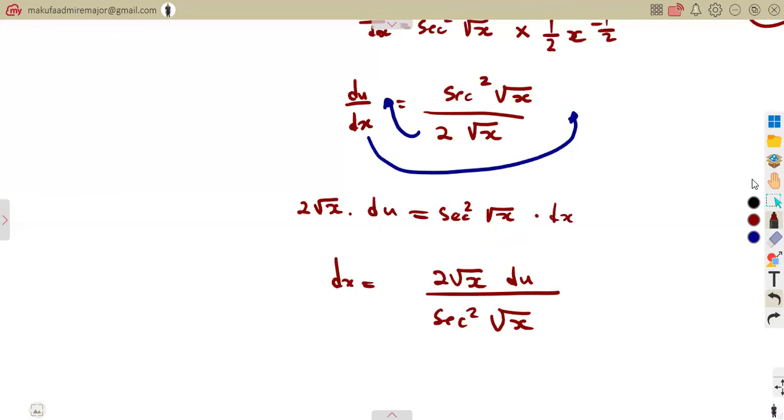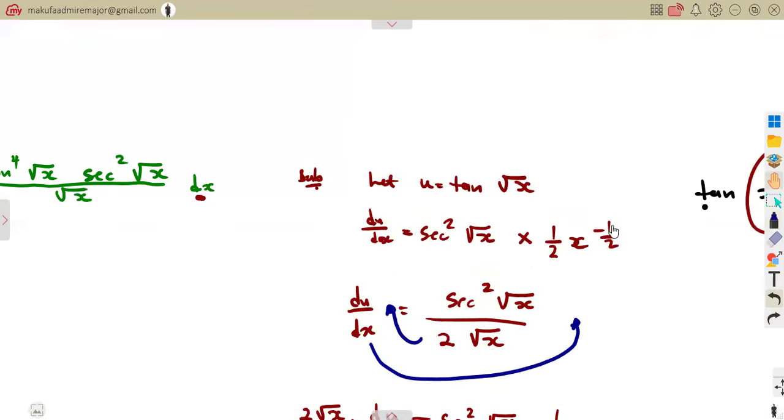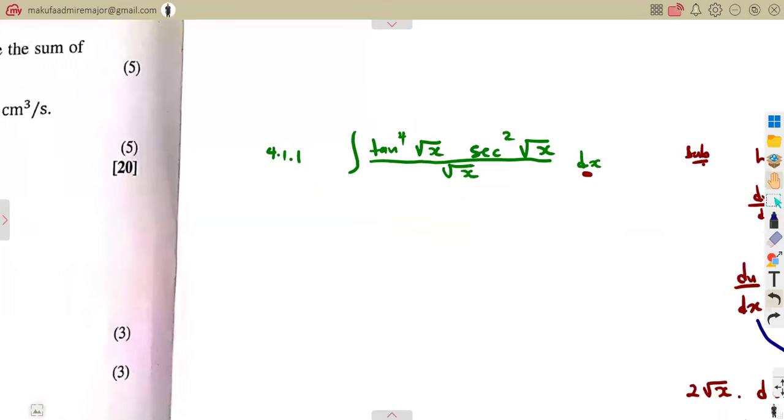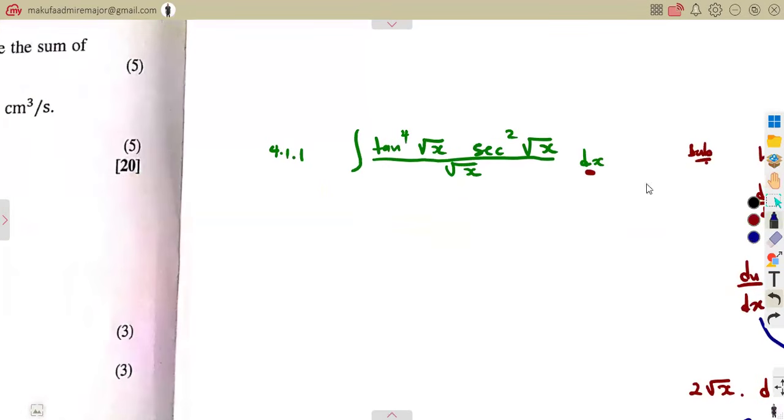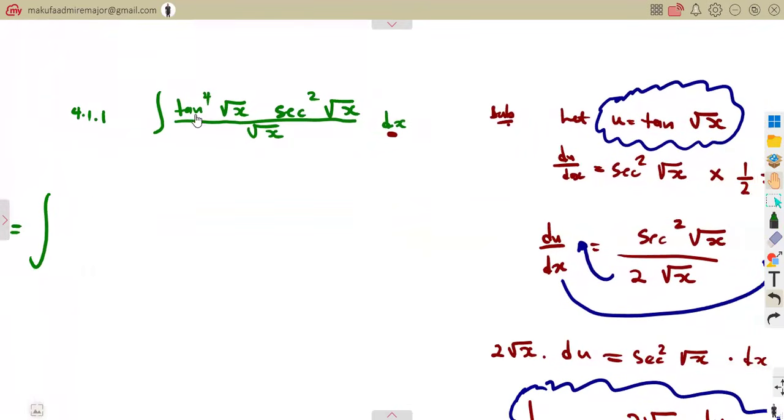And with this, we can determine our integral by substituting the dx that we determined and the u that we introduced, which is tan of the square root of x. If we substitute into this integral, where there's a tan of the square root, it's u.